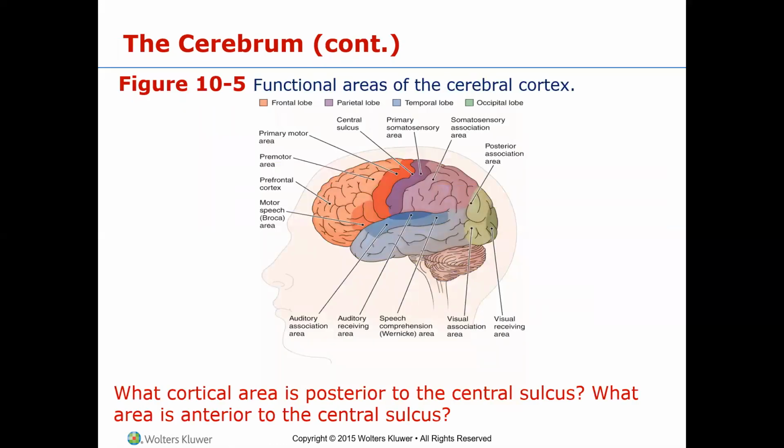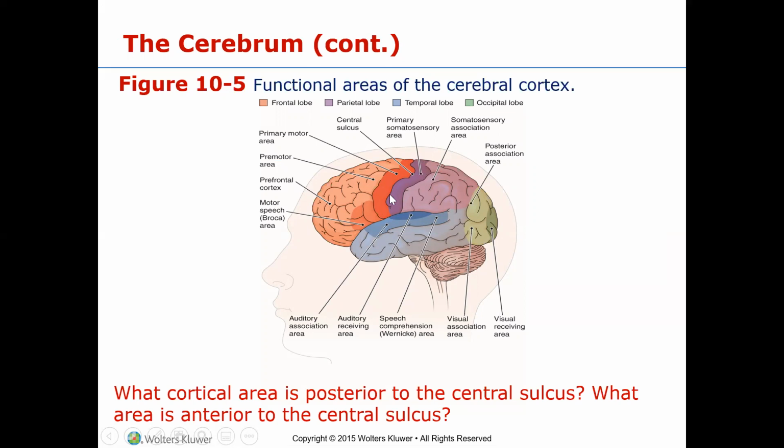So here we are with the functional areas of the brain. This is the frontal lobe. Here is the parietal lobe, the occipital lobe, and then the temporal lobe. And of course, that's the cerebellum. If you look, we have an area behind the central sulcus that is the somatosensory area, which means it is an area of sensation for our skin and feeling.